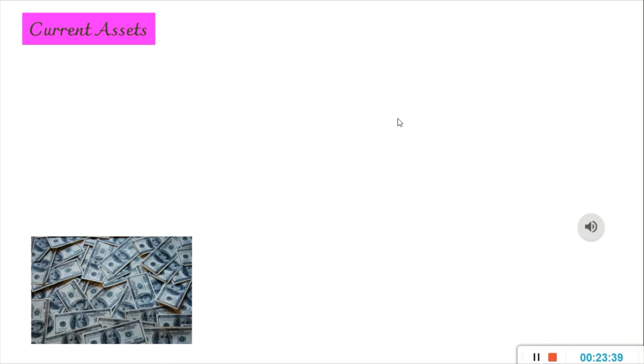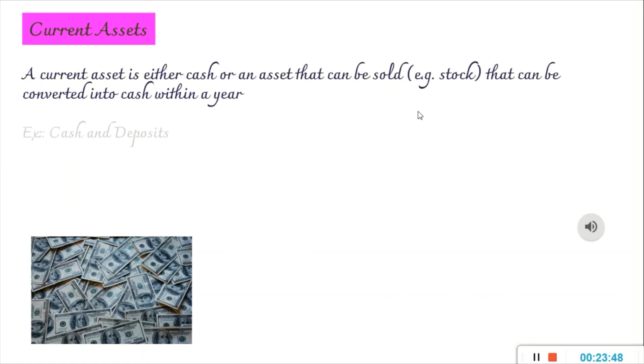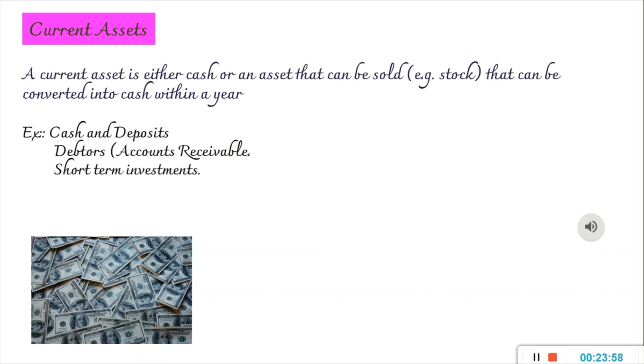So we understood what current assets are and what the examples of current assets are, right? Here the examples are cash and deposits, that is short period deposits within a year. Debtors, accounts receivable, within 3 months, within a short period of time, are also current assets. Short-term investments and prepaid expenses, such as insurance, contractors, etc., are all current assets.